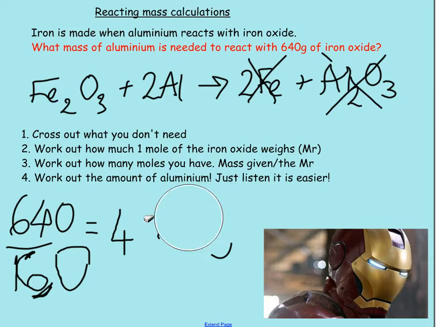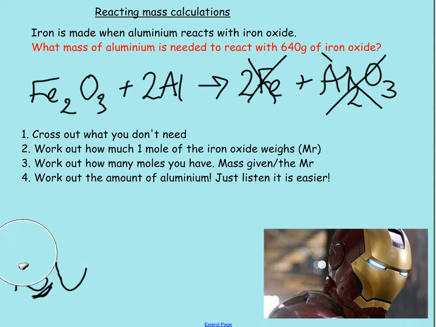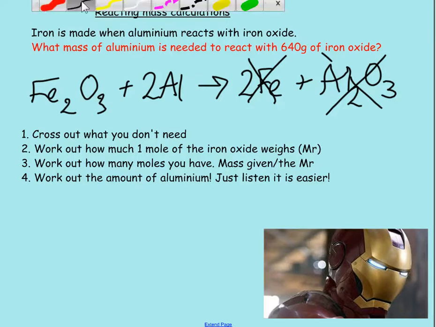How do we work out how much that weighs? Well, 8 moles of aluminium, we need to look up what aluminium is. So aluminium is 27. So 27 is aluminium. And you've got twice as many. Remember, you had 4 moles. You've got twice as many.